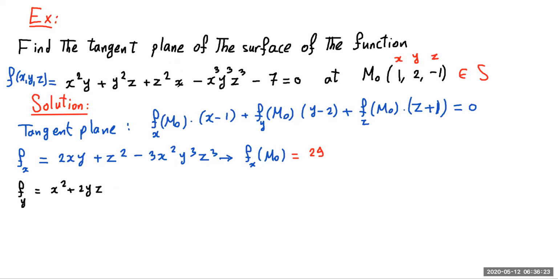The derivative of the term z^2 x is 0, then minus 3x^3 y^2 z^3. So let's calculate f_y at M0. With x = 1, y = 2, so here 1, and y^2 z with z minus 1, so minus 4.